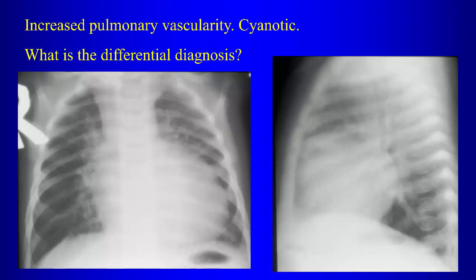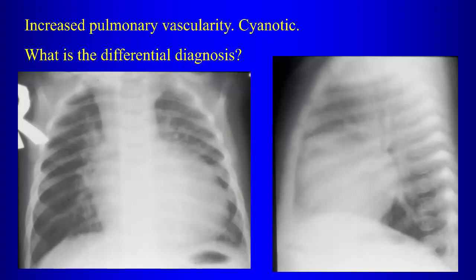Okay? Now there's a cute little mnemonic that you might use for the differential diagnosis of the admixture lesions. Do we know what that is? The T lesions, right? Have you heard of that? The T lesions? So what are the T lesions? Tetralogy. No, truncus, because tetralogy gives you what?